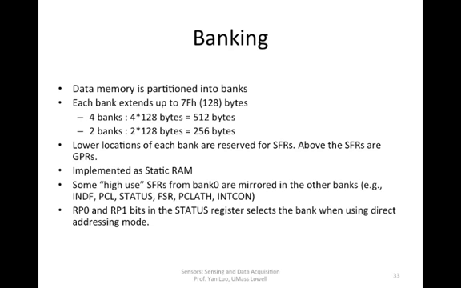Let's say if a PIC microcontroller has 256 bytes in the data memory, that is to say this data memory has two banks, bank 0 and bank 1. Each bank has different registers. And if you want to access a specific special function register, you have to switch to the bank.